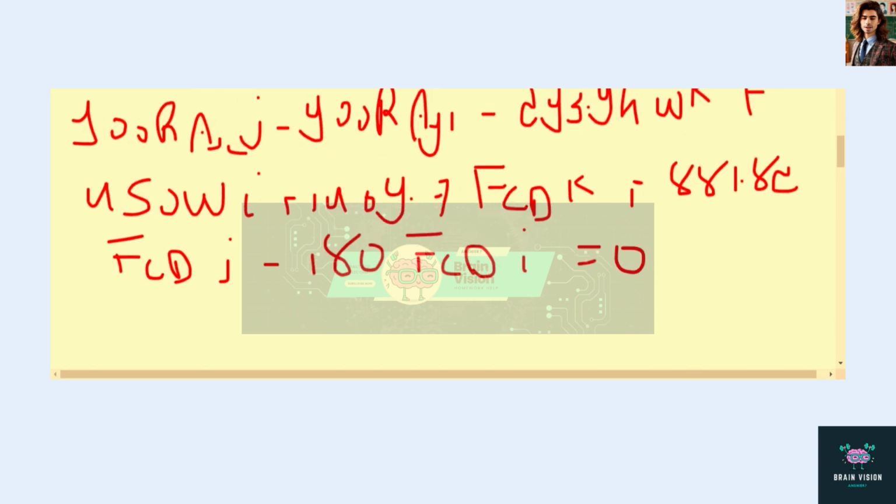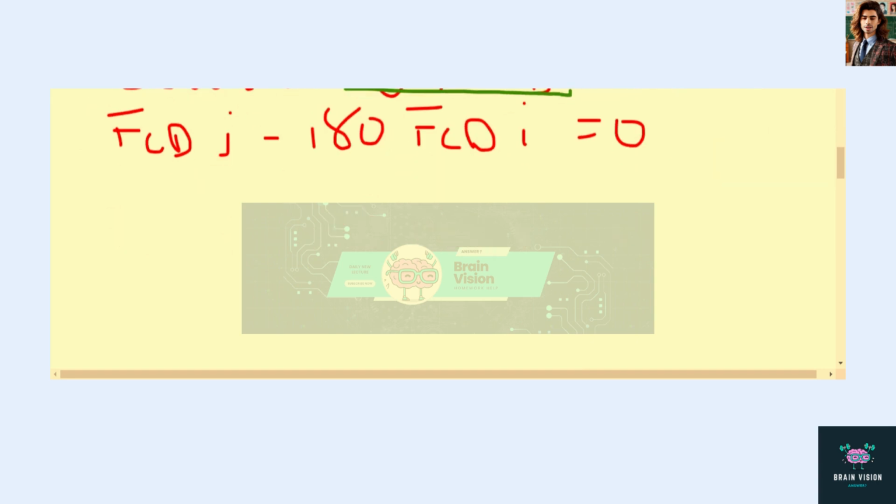Here in our equation, we have minus 293.94 W and another one is 1469.7 FCD. So these two go to 0. This comparison gives the answer FCD is equal to 19.62 Newton.